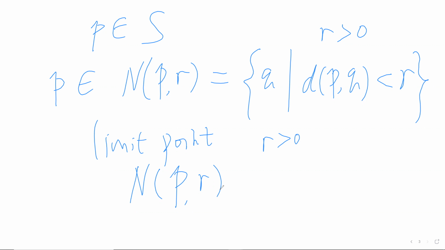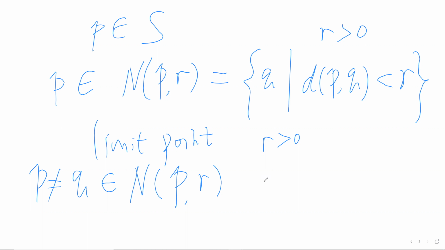So it must contain at least one element from that metric space, and that element is not P itself. If that's the case, then P is called a limit point for that metric space.